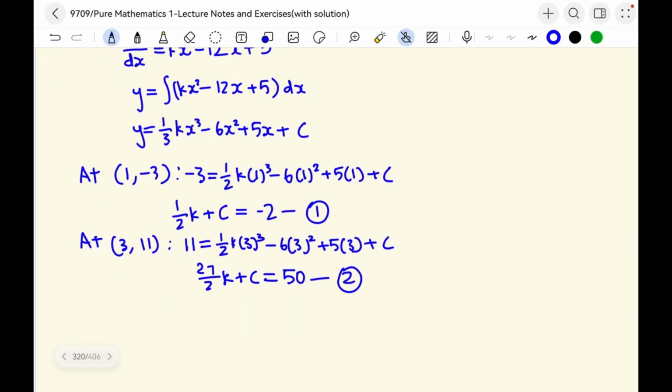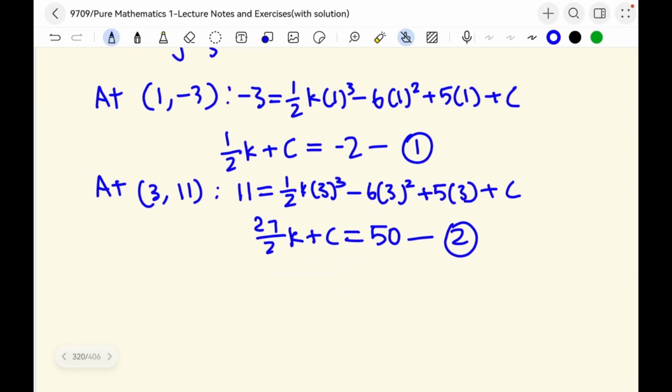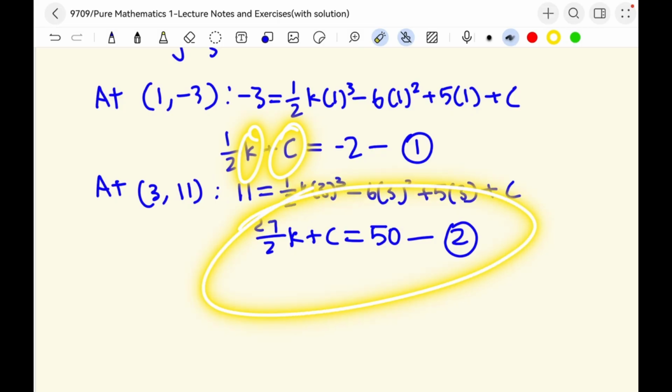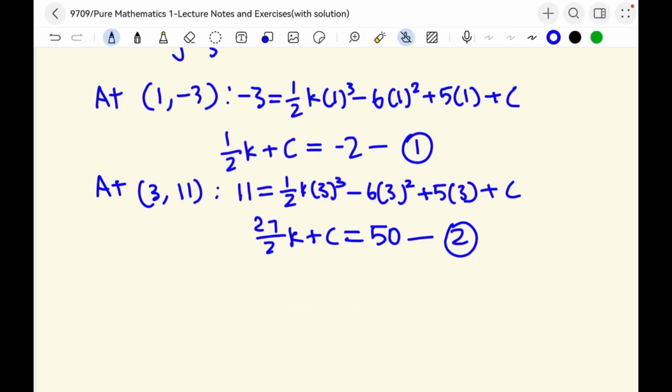Now for me, in my own preference, I'm going to use the elimination method. But if you want to use the substitution method, it's up to you. As long as you are able to solve for k and c, then rewrite the equation of the curve as your final answer.